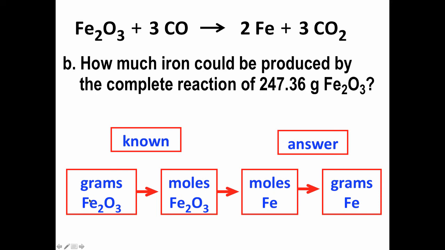And then we use molar mass to go from grams of one thing to moles, or from moles to grams. So we're going to have several conversions potentially, always goes through the equation, possibly involves molar masses as well.